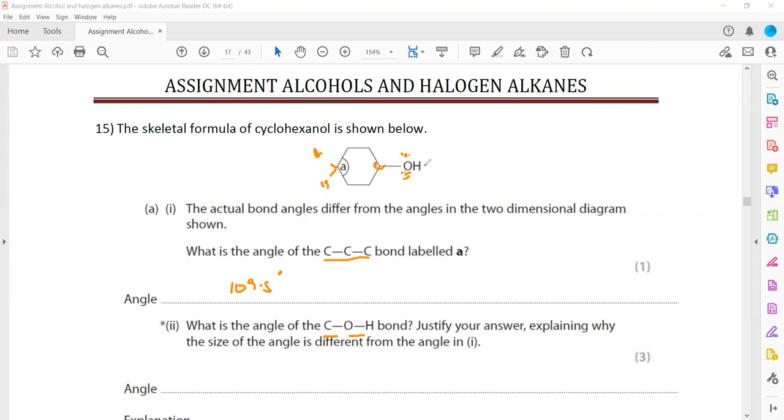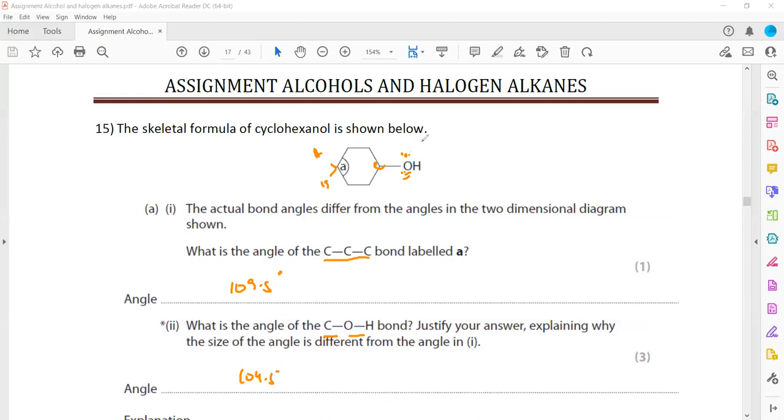So when there are two lone pairs and two bond pairs, the structure will be bent, or V-shaped, with a bond angle of about 104.5 degrees, because each lone pair reduces the angle by 2.5. So 109.5 minus 2.5 makes 107, and 107 minus 2.5 makes 104.5.